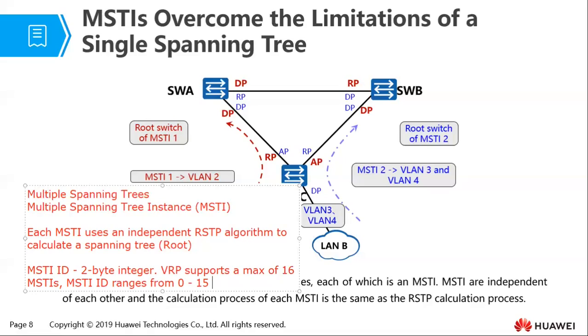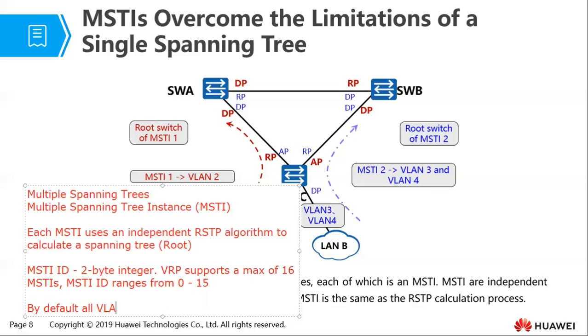But by default, all VLANs are in MSTI 0. All VLANs are mapped to MSTI 0.